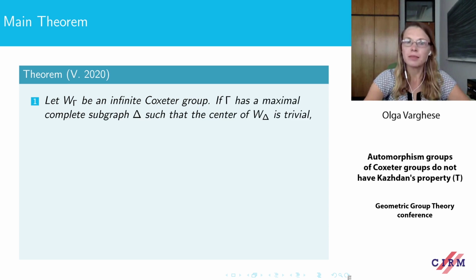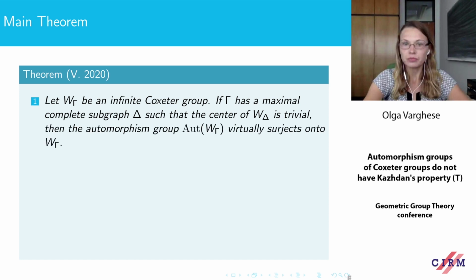If gamma has a maximal complete subgraph delta such that the center of W delta is trivial, so this assumption can be checked easily on the graph gamma, then the automorphism group virtually surjects onto W gamma.